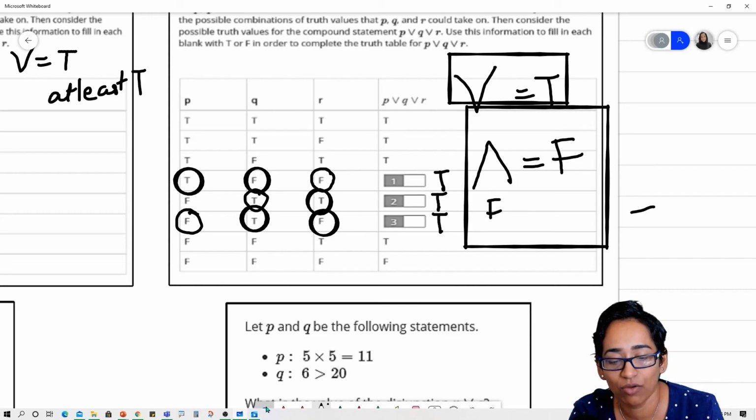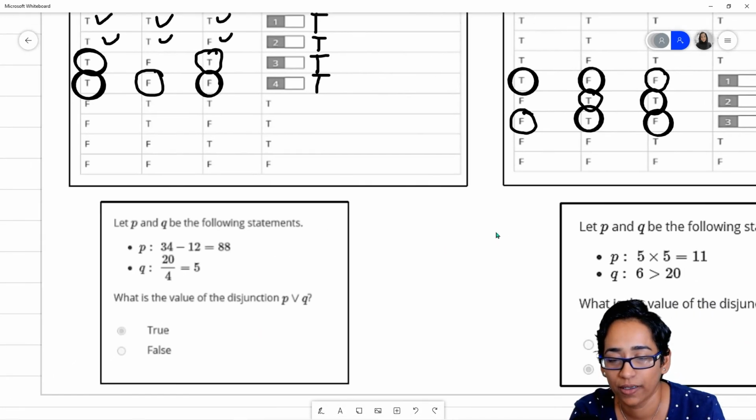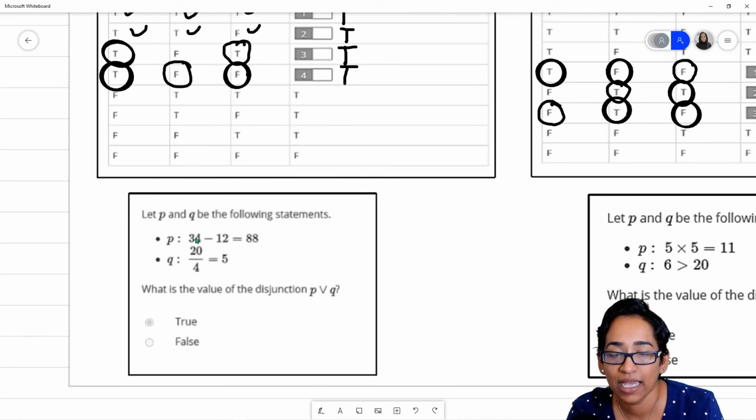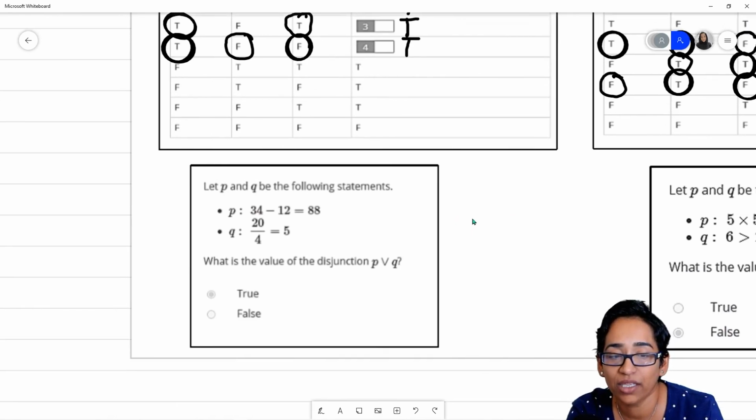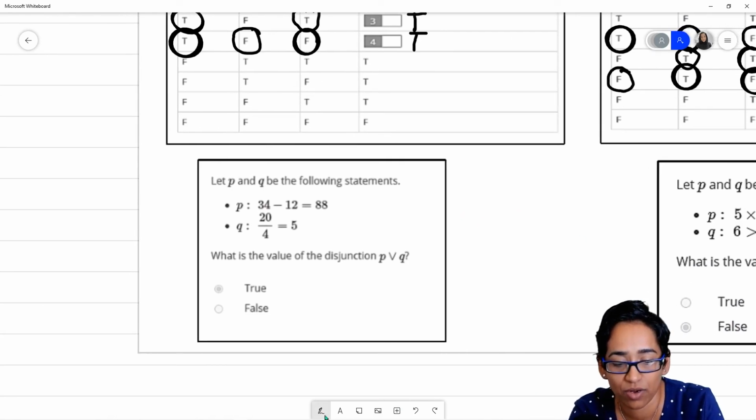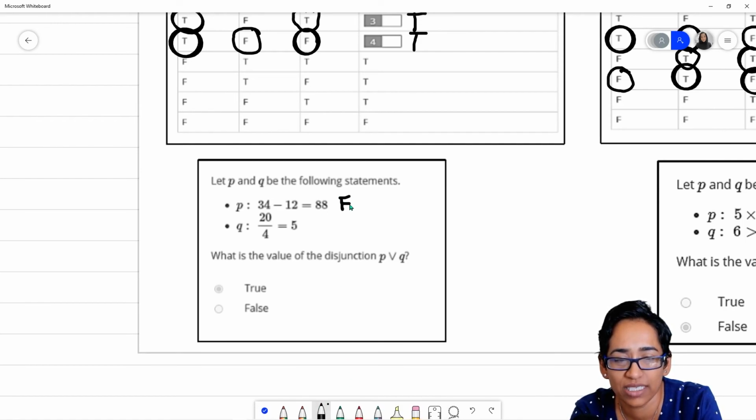All right, now let's look at the next one. Let P and Q be the following statements. So now I have two statements. P is 34 minus 12 is 88. Since when is that? 34 minus 12 is not 88. So this is a false statement. Q is 20 over 4 is 5. That is true.